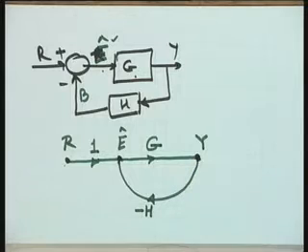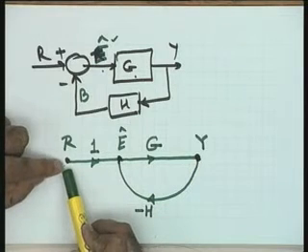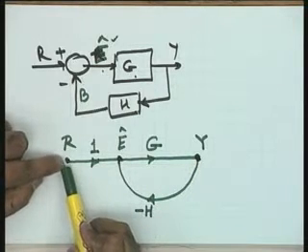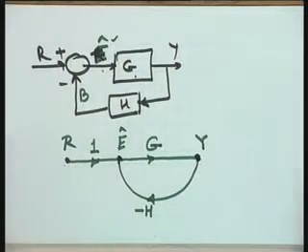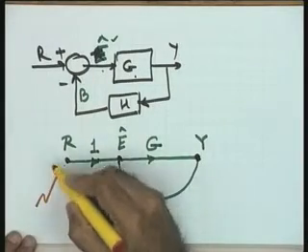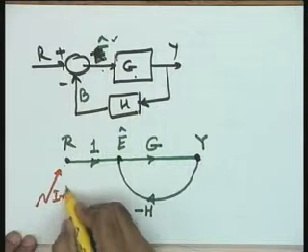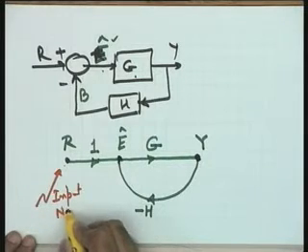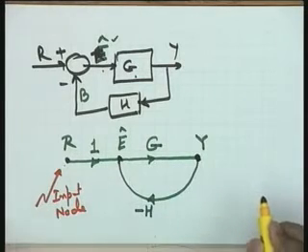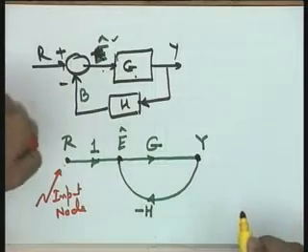So, I hope the terminology is now clear. R is the node variable over here. There is no incoming signal. If there is no incoming signal to a node, in our terminology we will call that node an input node. It is an external signal defined.